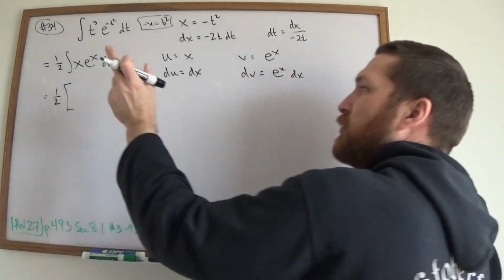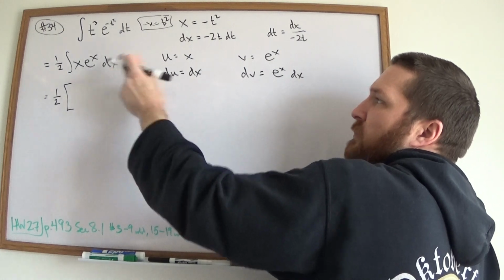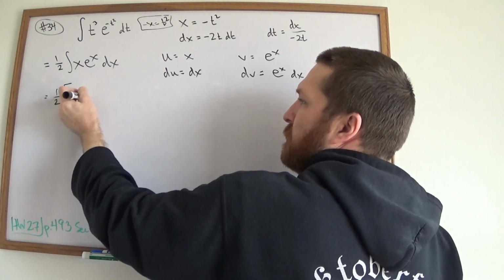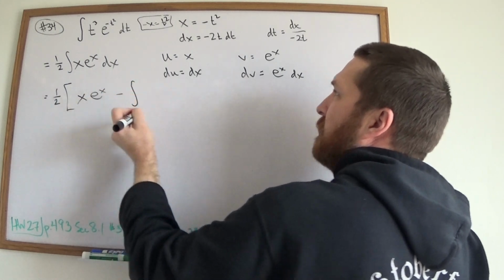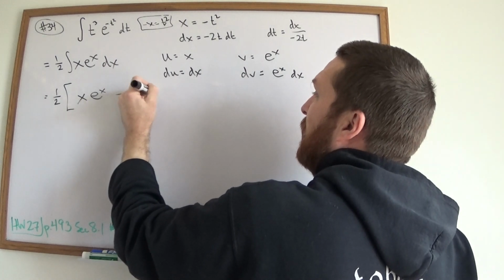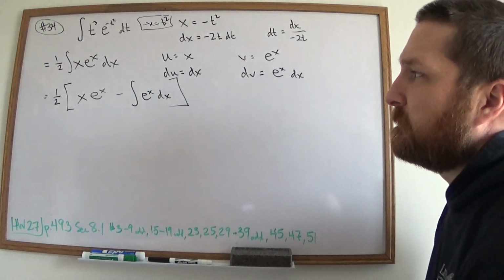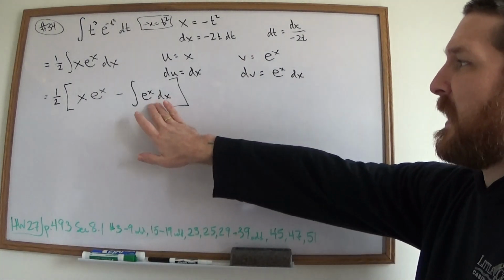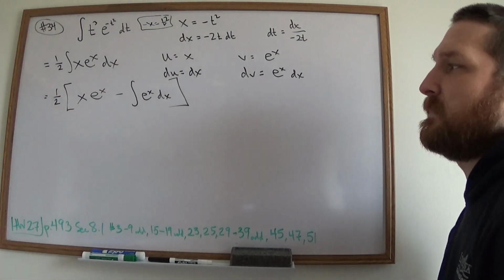So that's uv minus the integral of v du. Okay, so uv is going to be x e to the x minus the integral of v du. Oh, I just made my life a lot easier, didn't I? That integral is easier than that integral, so we feel good about this.